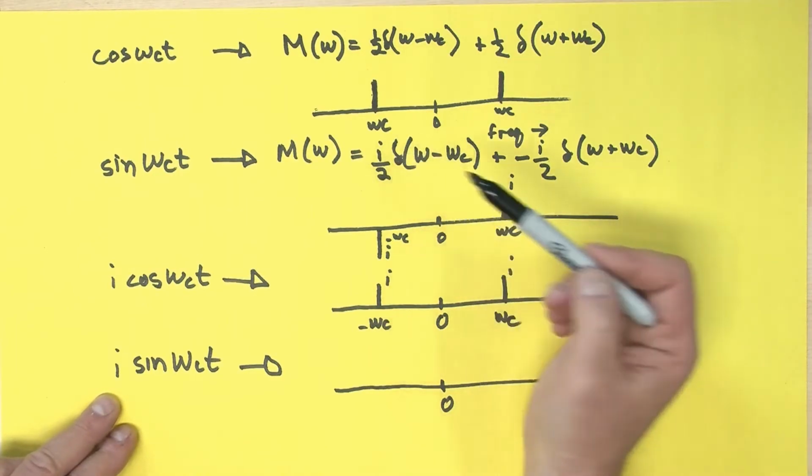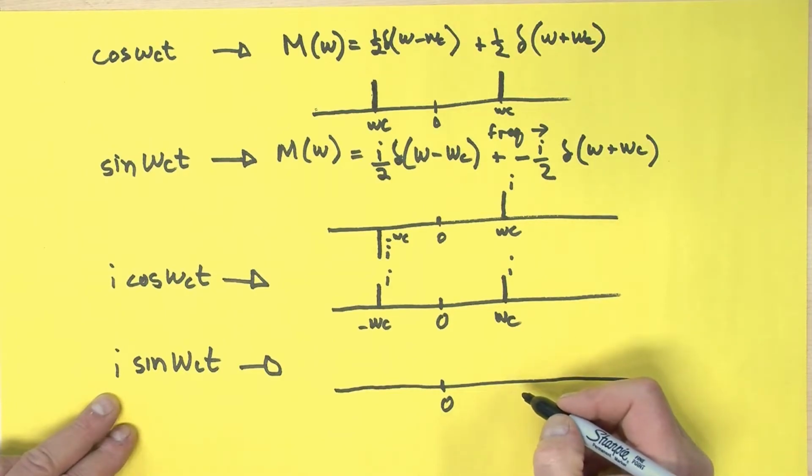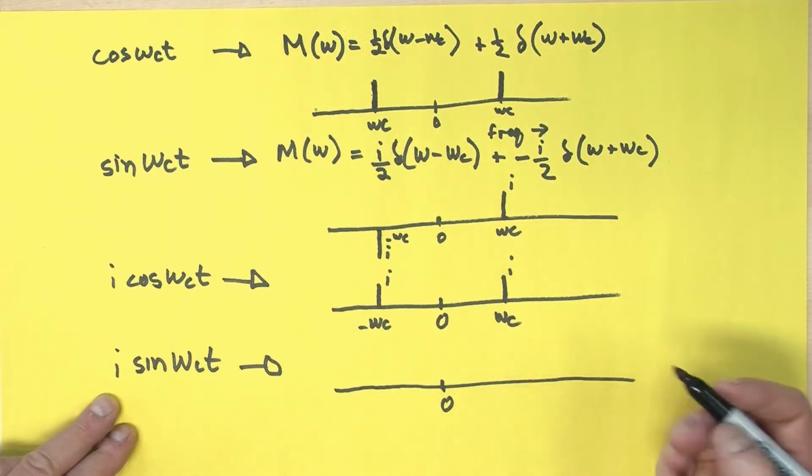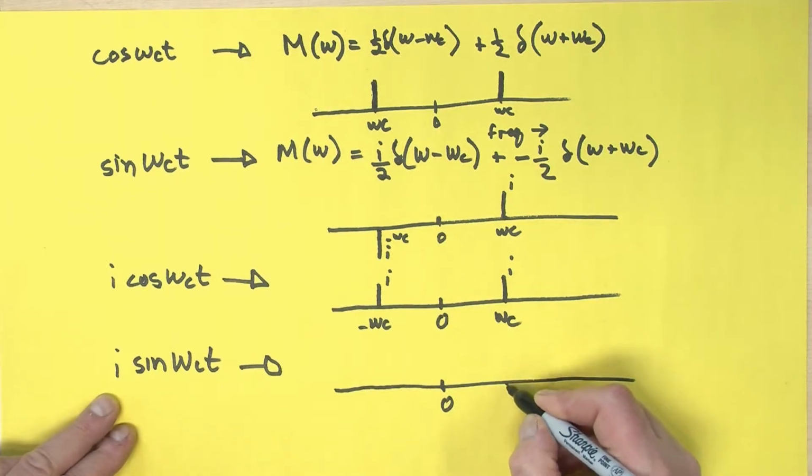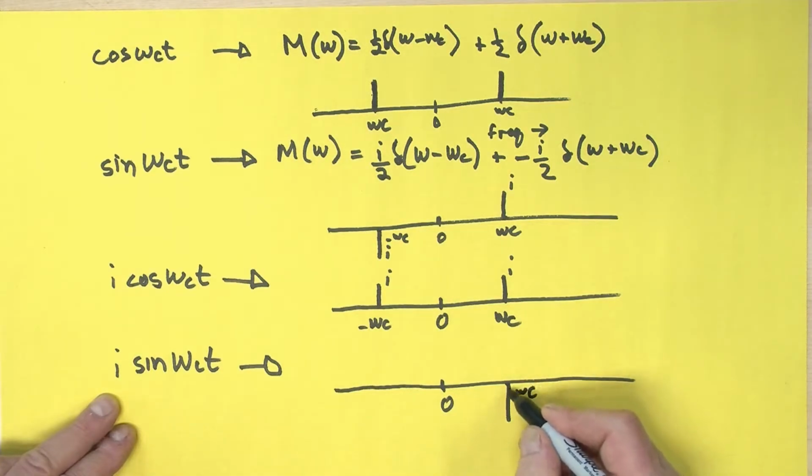So what we're going to do is end up with a result in the positive frequencies that is in fact a minus value. So we'll just draw it like that. This is omega c, and it is a real value, and it is minus.